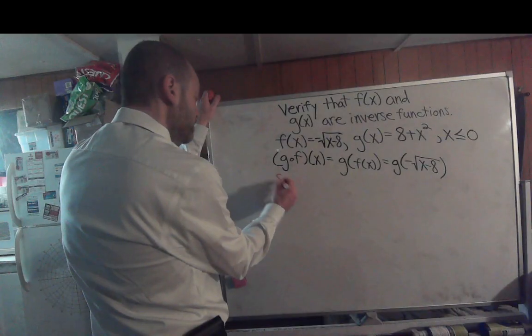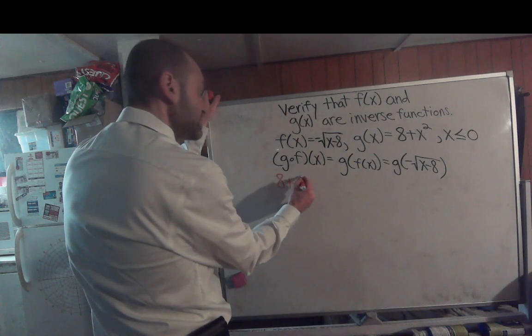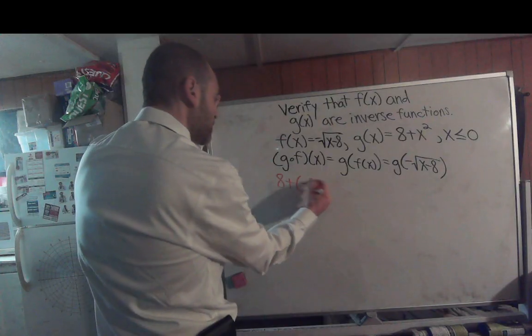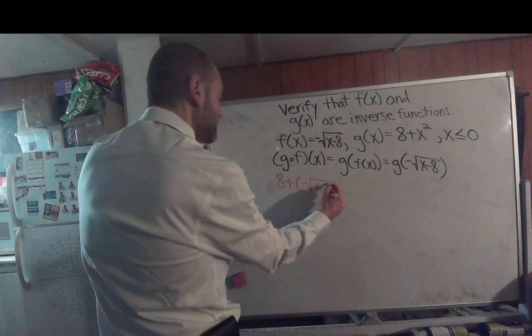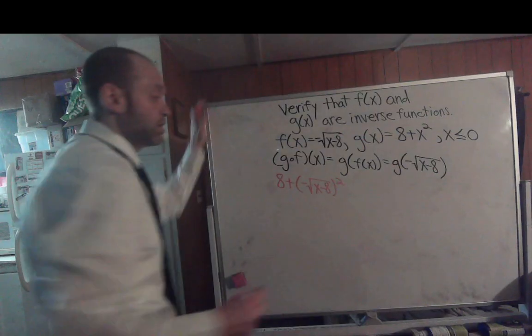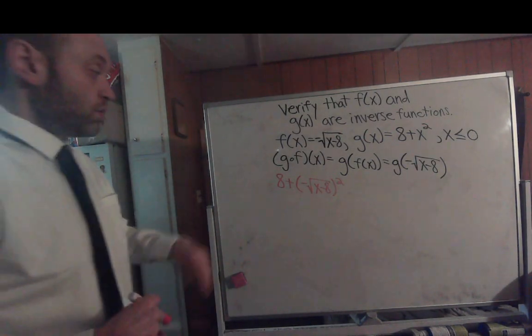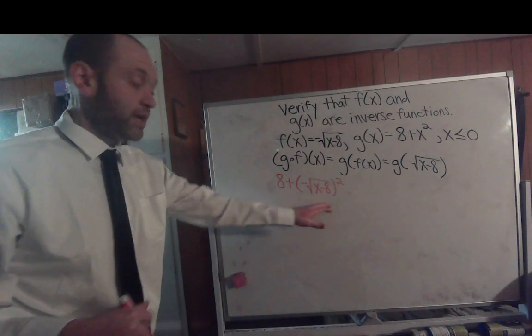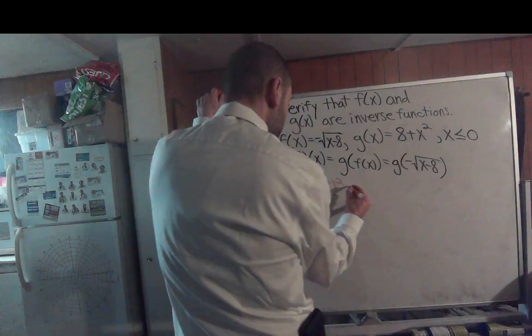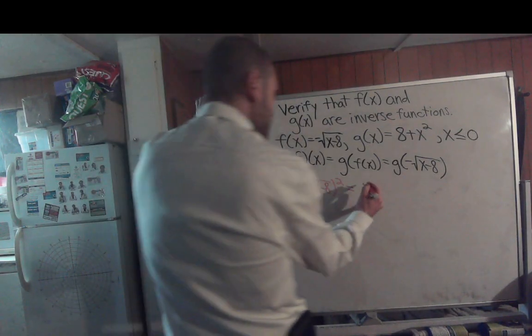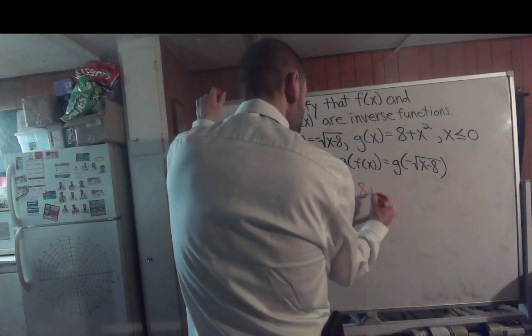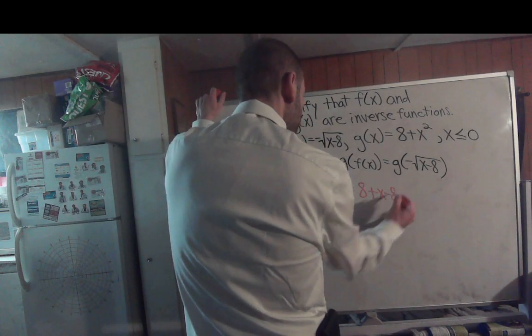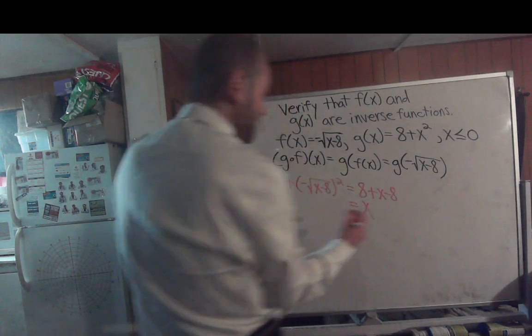So you would end up putting an 8 plus that negative square root of x minus 8 raised to the second power. Well, a negative squared makes it positive. Squaring a square root makes the root go away. You should just get 8 plus x minus 8, which would just give you x.